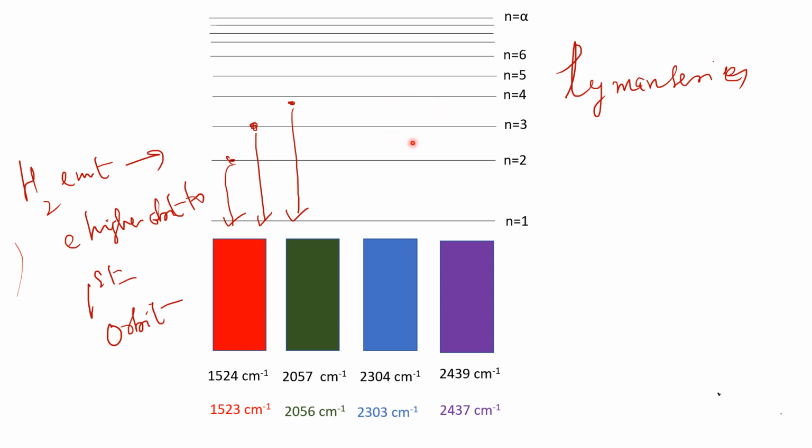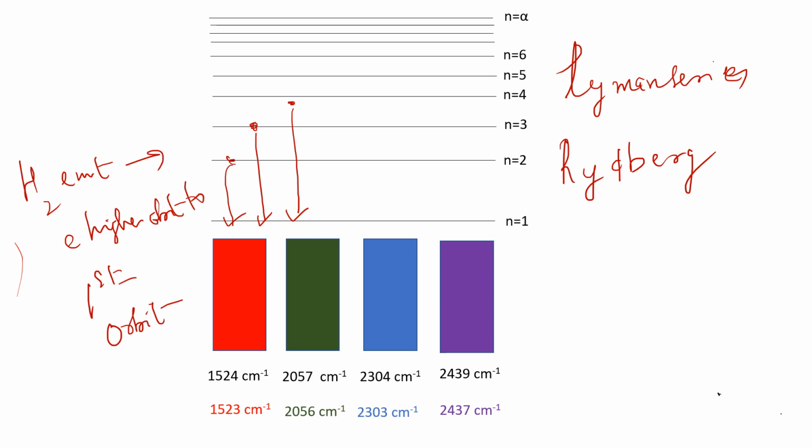But the limitation of the Balmer series is that using the Balmer equation, you cannot predict the wave numbers corresponding to the radiations emitted when electrons fall from 2 to 1, or 3 to 1, or 4 to 1, or any higher orbits. So there lies the importance of the Rydberg formula.